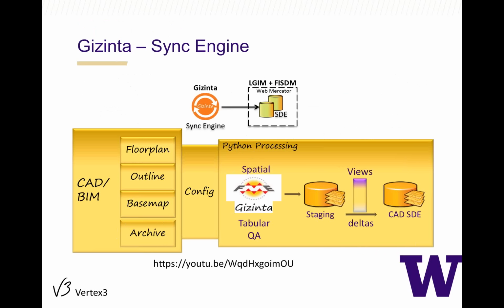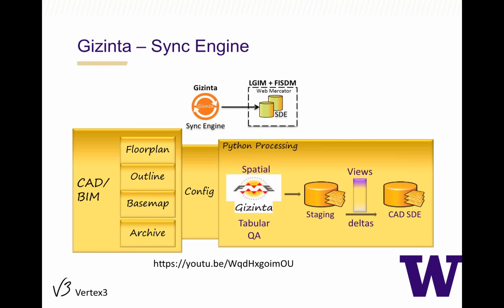There's actually a sample process that's available from FISDM that works with the Floorplan GIS defaults. So if you have some CAD drawings you want to test this out with, it should work out pretty well. I think the only thing you have to do is configure the Floorplan GIS config file to match your CAD standards.